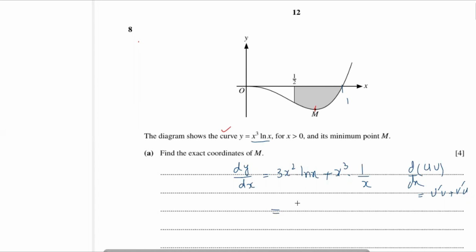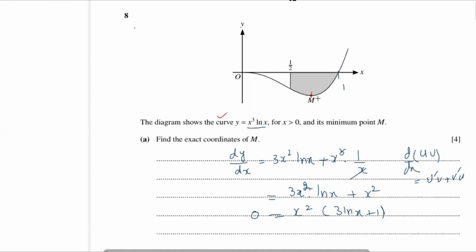Now we can write it as 3x squared ln x plus x cubed over x, which becomes x squared. Now we take the common factor x squared into 3 ln x plus 1.